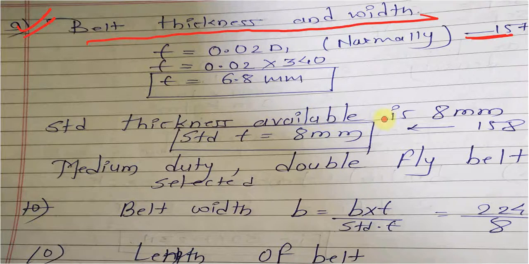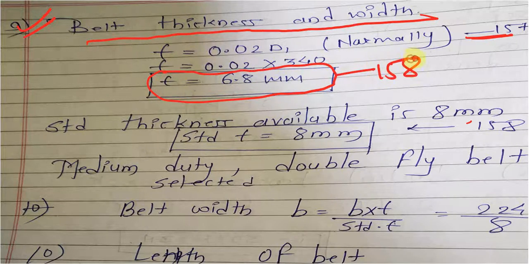The standard thickness available is 8 mm, so standard thickness T is equal to 8 mm. If you get confused about the standard thickness, you just got the answer 6.8, go to page number 158 and look at the standard thickness available, and you will find 8 mm is given.